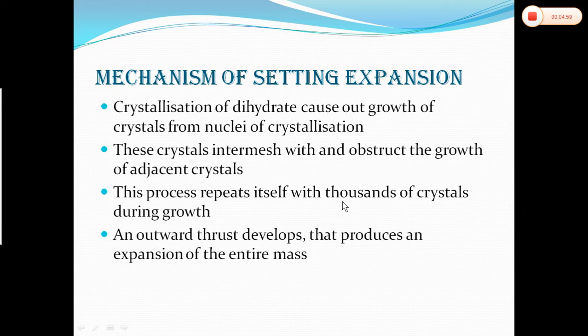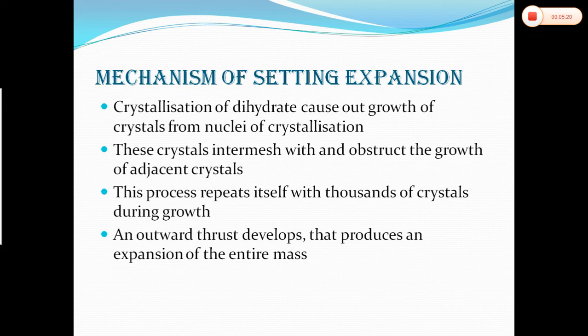As the crystal growth is obstructed, this force is pushed outward. So this outward thrust produces an expansion of the entire mass. To make it simple, when the dihydrate crystal is growing, one crystal's growth is obstructed by another crystal.